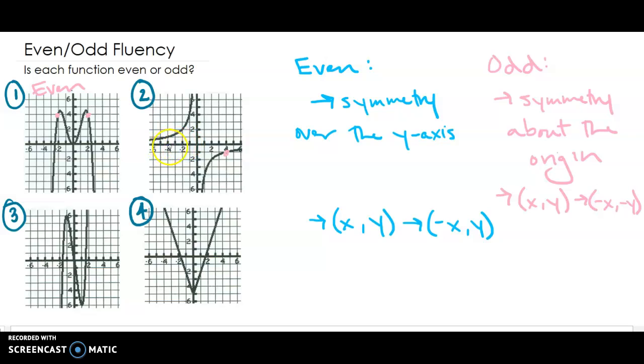So negative 4 comma positive 1. And it looks like we do. And so graph number 2 is going to be an odd function. In the same way, number 3 is odd, and number 4 is even. And it's pretty easy to see that when we're talking about symmetry over the graph.